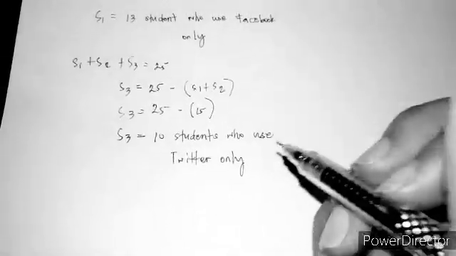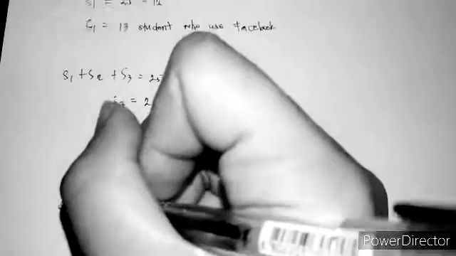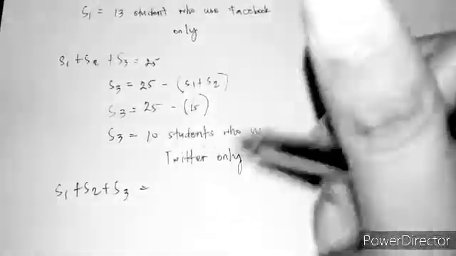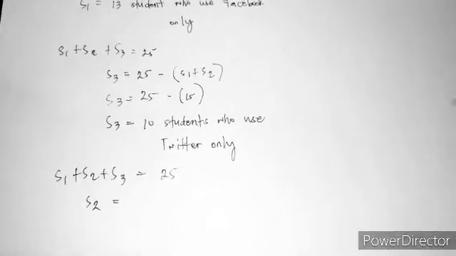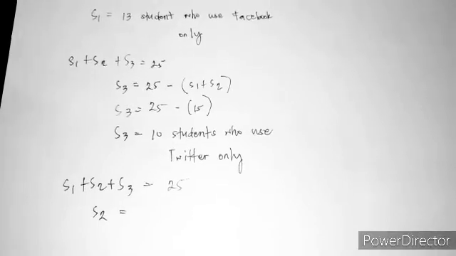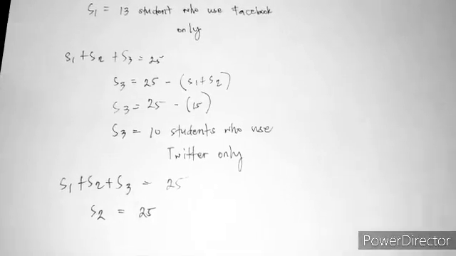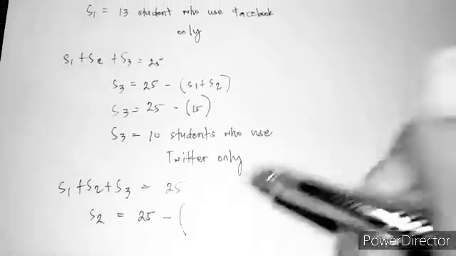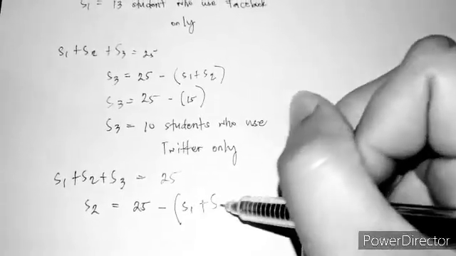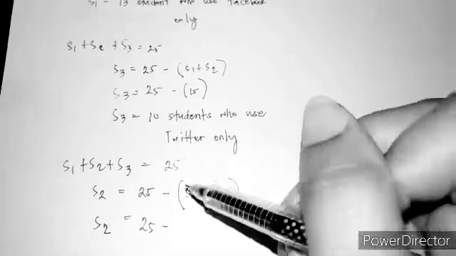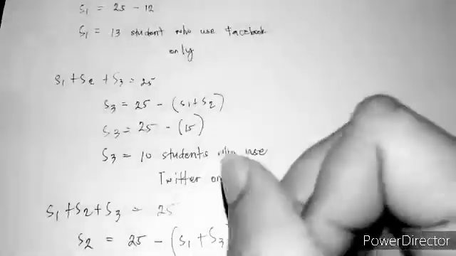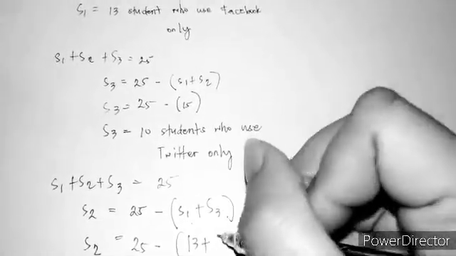Last one, let's solve the S2. S1 plus S2 plus S3 is equal to 25 students. Let's solve S2, the set of students who use both social networking sites. So 25. If we transpose S1 and S3, it becomes negative. So S2 equals 25 minus S1 plus S3. Then substitute: our S1 is 13, then our S3 is 10.